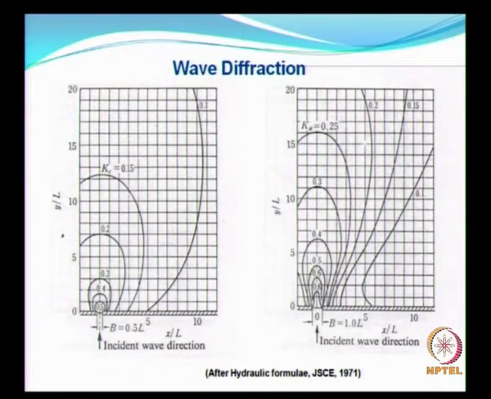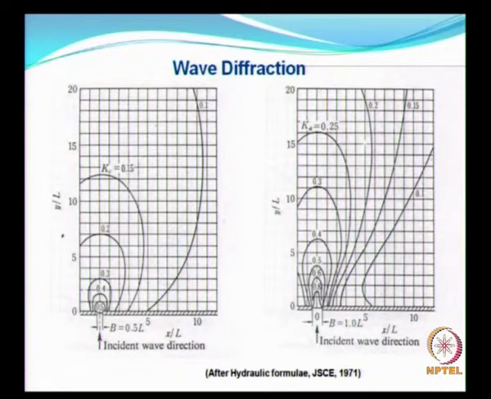What you see in this picture, on the left hand side, is the breakwater, with the gap, the distance between the two breakwaters, B equal to 0.5 times the wavelength. You see those curves, those are the isolines of constant Kd, the diffraction coefficient.